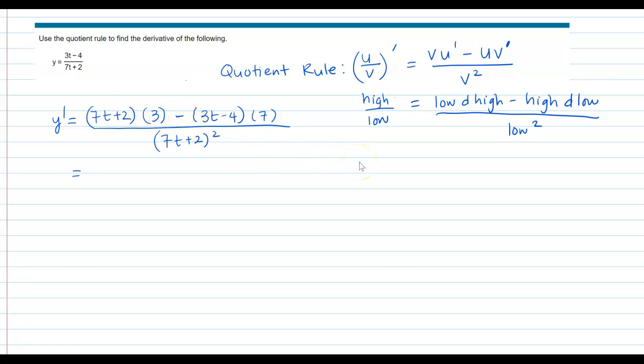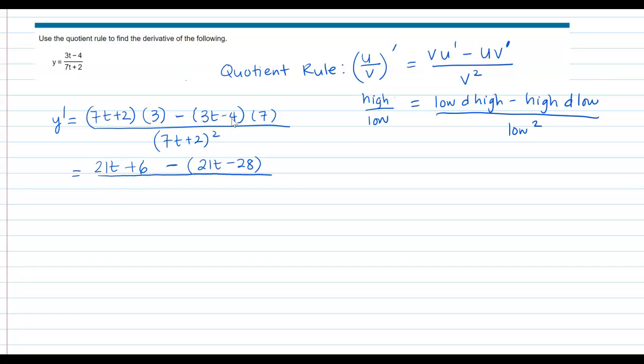So to simplify this, you would have to distribute the 3 here to each term in the parentheses. So that gives you 21t plus 6 minus, let's put a parenthesis here. You distribute 7 to each term in the parenthesis, and that's equal to 21t minus 28.